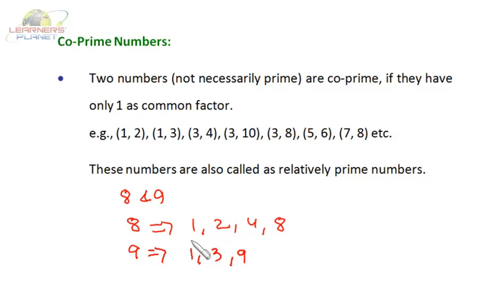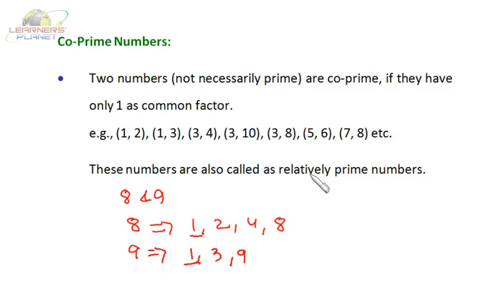Now we can see that there is only one common factor, that is 1. 1 is a factor of 8 also and 1 is a factor of 9 also. No other number is a common factor of 8 and 9. Okay, so it's only one common factor, that is 1. That's why 8 and 9 are co-prime numbers, or we can say relatively prime numbers.